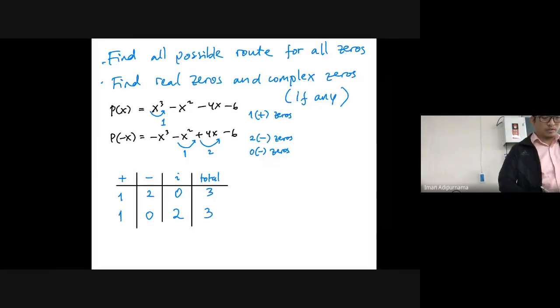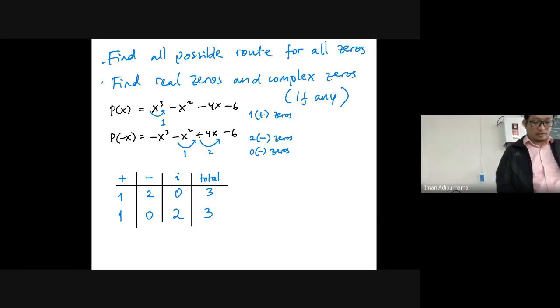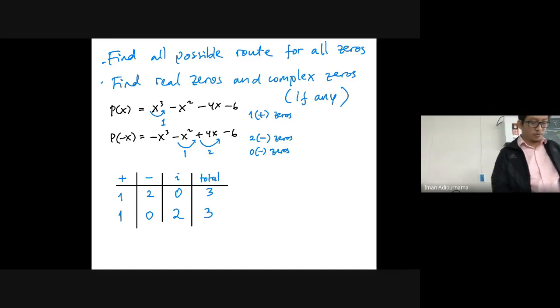You have two possible cases here. You can have one positive zero and two negative zeros, or you can have one positive zero and two imaginary zeros. Okay, because it has exactly one positive zero among all possible roots.